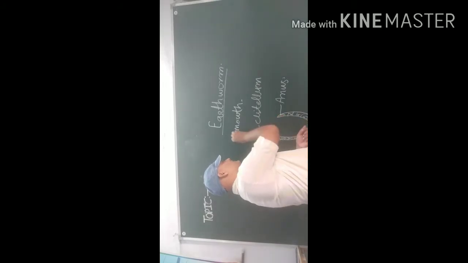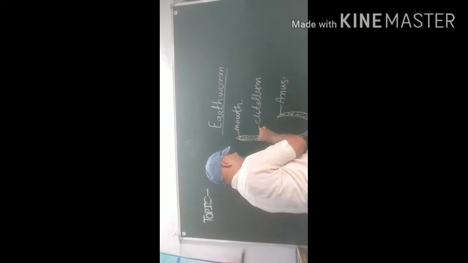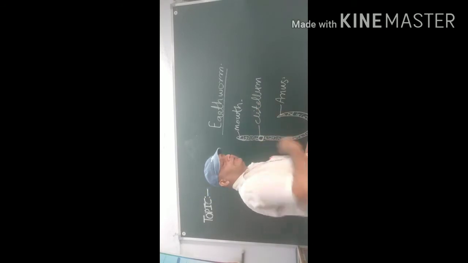The mouth opens ventrally, where the specific ring-like structure is present. This is known as the clitellum.